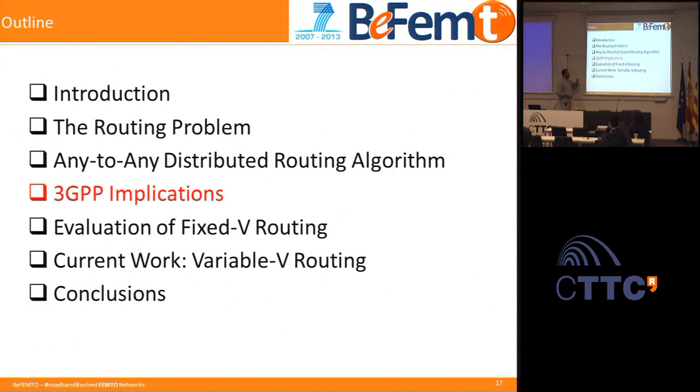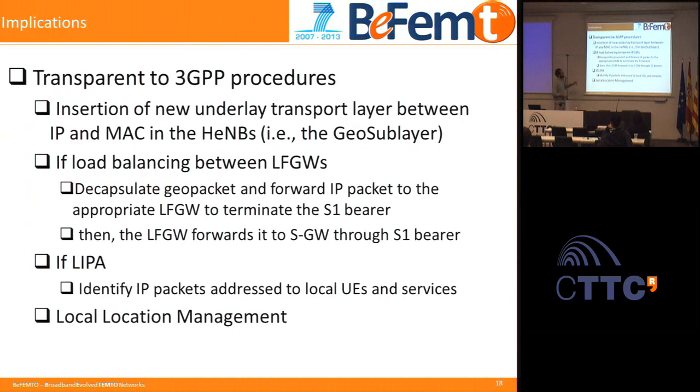So this is the general overview of the protocol and how it works, and just quick hints that we already discussed. Let's say that we are working at the transport network layer, with no implications, but we are in this geo sublayer. There might be some other issues, particularly if you want to benefit from having multiple local femto gateways on a wireless network of femtocells, and you are interested in allowing traffic from different UEs, or even from the same UE, to potentially use all these local femto gateways at the same time for load balancing purposes.